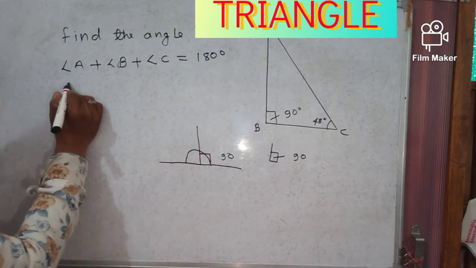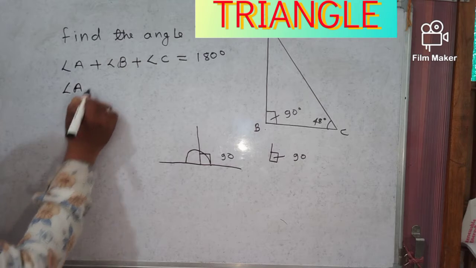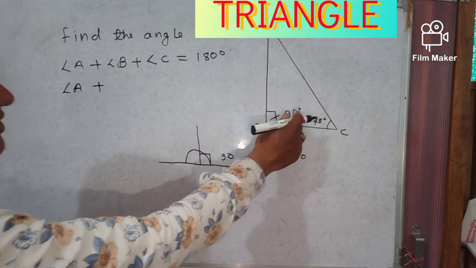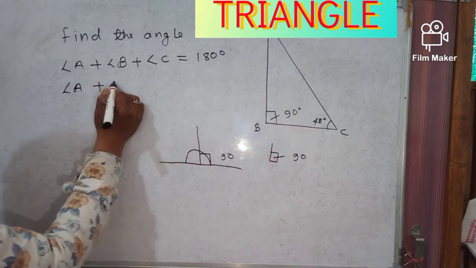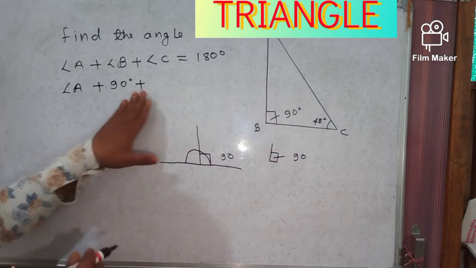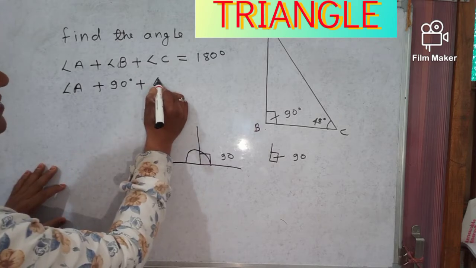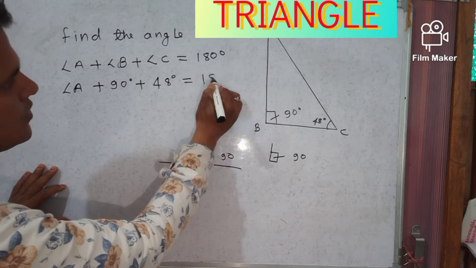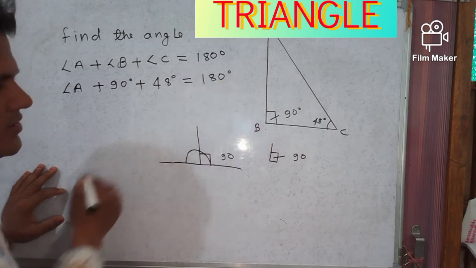Angle A is unknown, so keep it written like this, and angle B, we know that it is 90 degree, so write 90 degree, plus angle C is 48 degree, is equal to 180 degree.